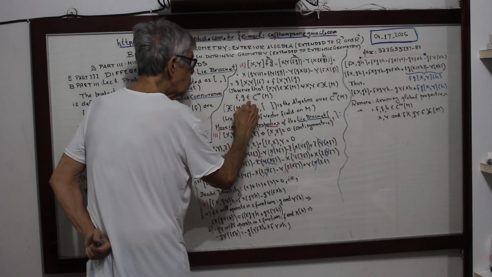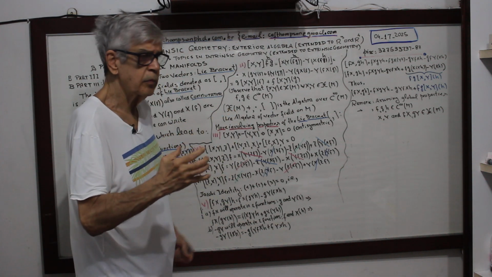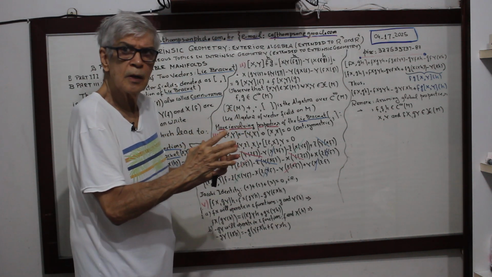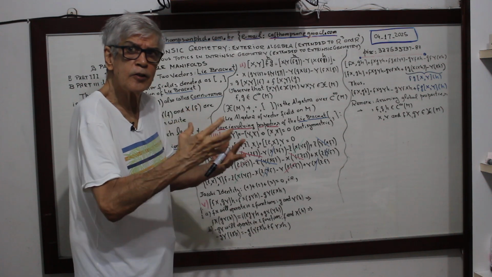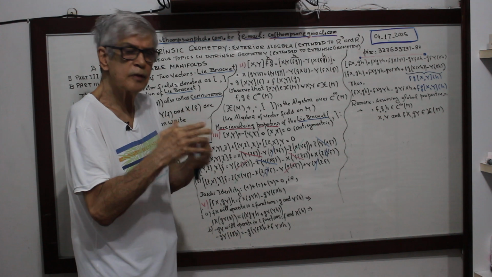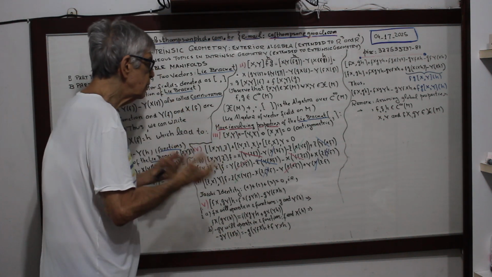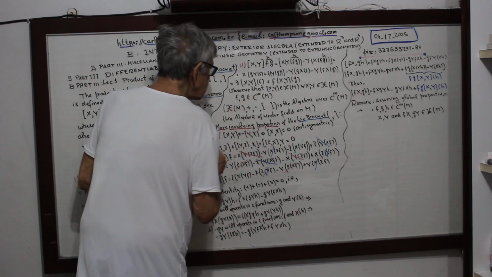Attention, f and g belong to C infinity(M). What is C infinity(M)? You have a function, you take infinity derivative, all the results of this derivative are smooth functions. That we put as C infinity.